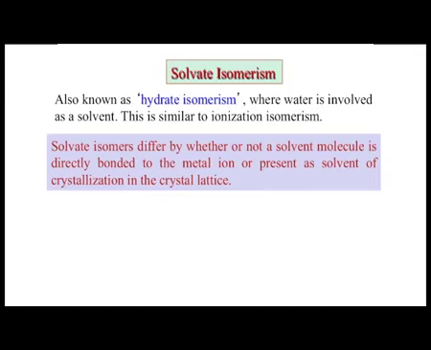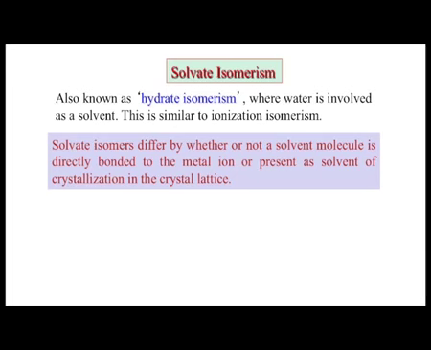Then solvate isomerism is also interesting, where we find that the solvation, that means how many solvent water molecules are present, and we also call it hydrate isomerism. The way we know that copper sulphate is known as copper sulphate pentahydrate, that means 5 water molecules are present along with the copper sulphate.